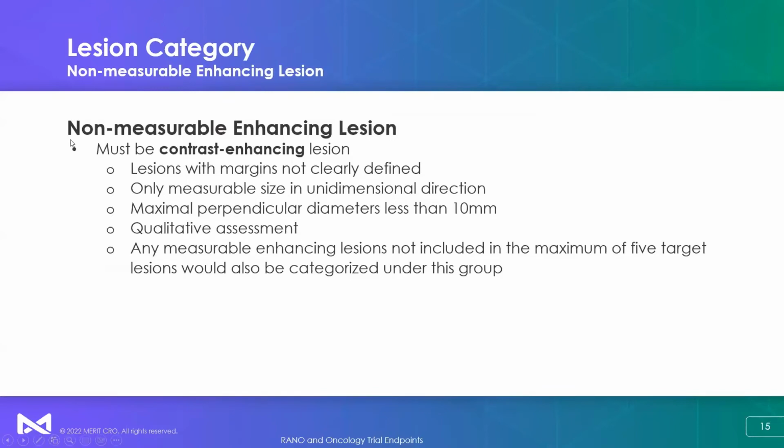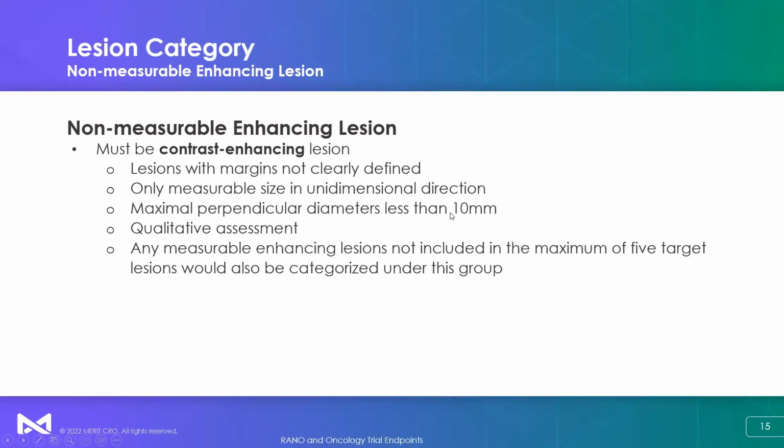And for non-measurable enhancing lesions, they also have to be contrast enhancing, but these are lesions that might have margins that are not clearly defined, or are only measurable in a unidimensional direction, which means the long axis is bigger than 10 but the short axis might not meet that 10 millimeter requirement, or the maximal perpendicular diameter is less than 10.